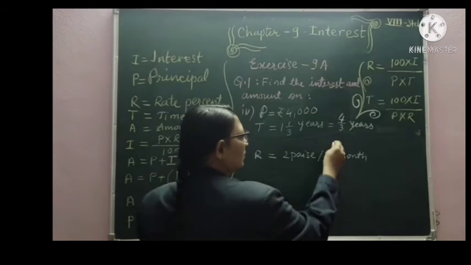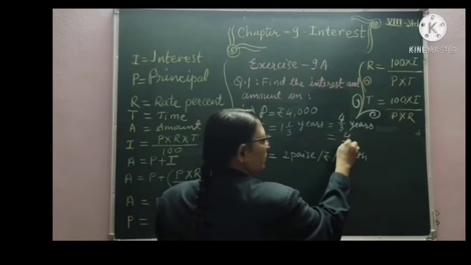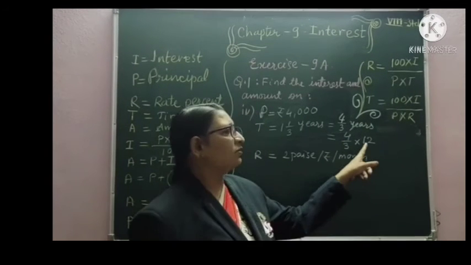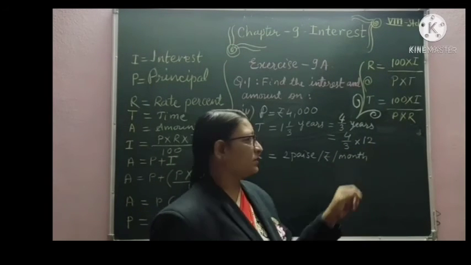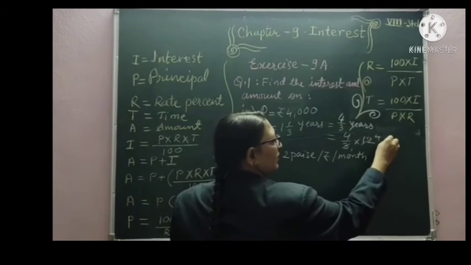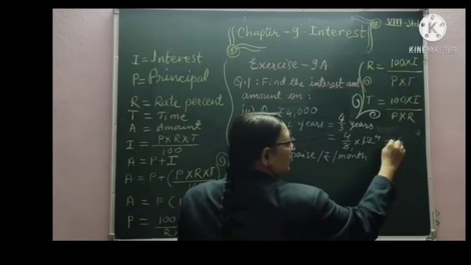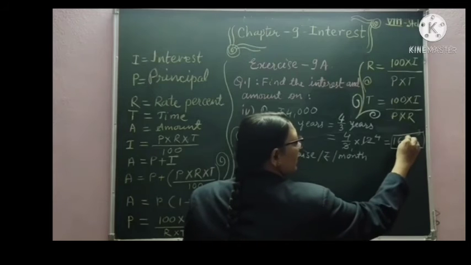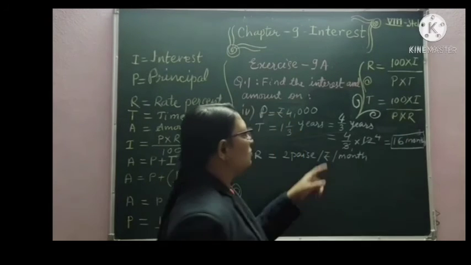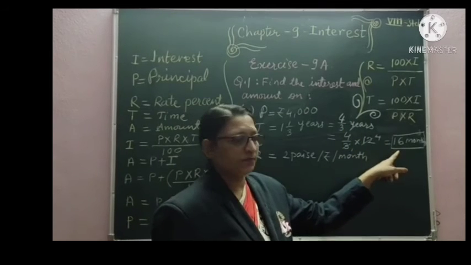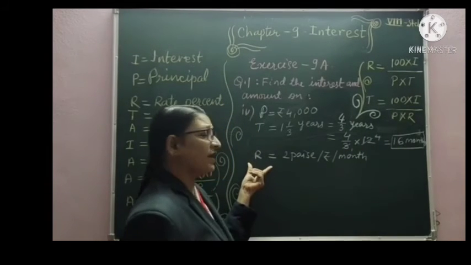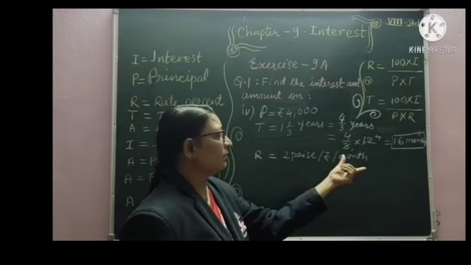So we will write here 4 upon 3 multiplied by 12. Why have we taken 12? Because in 1 year there are 12 months. 3 1s are 3, 3 4s are 12. That is 16. Now this is in months. So years we converted into months. Now the next one. The rate is 2 paise per rupee per month.